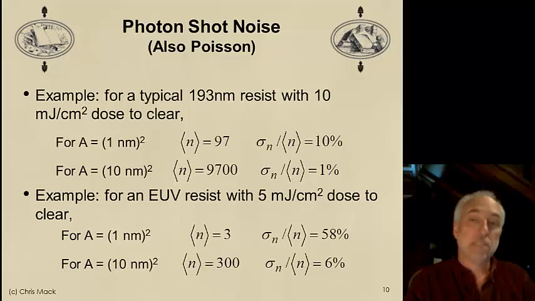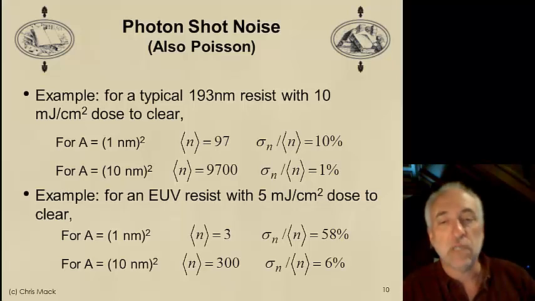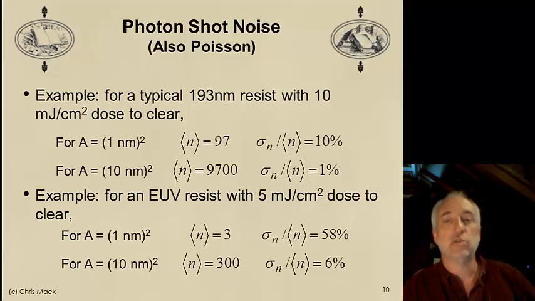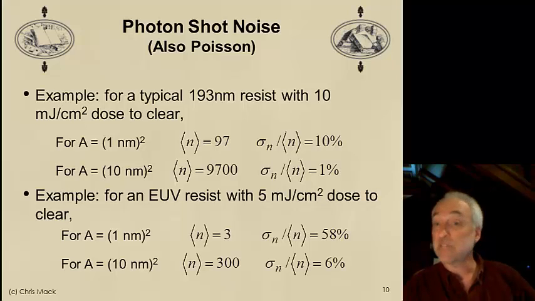If I look at a 10 nanometer by 10 nanometer square area, and I ask how many photons are incident on that with a 5 millijoule per square centimeter dose, well, that's only 300 photons. And those 300 photons will have a shot noise of about 6%, one standard deviation, uncertainty of 6%.